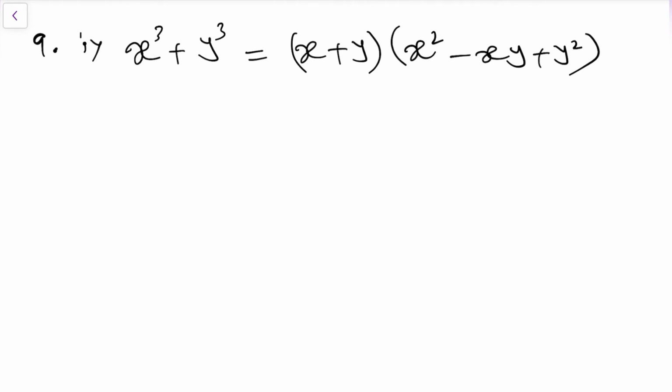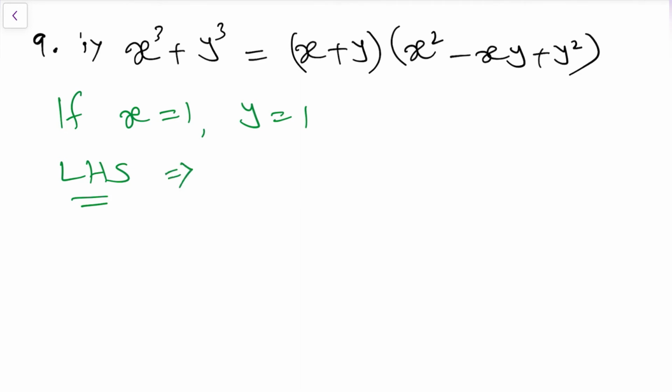Can you call these as identities? Okay, first he is asking us to verify by taking some non-zero positive integers. So for easy calculation, I am going to take 1 in the place of x and also in the place of y. If x is equal to 1, y equals 1, first I will take the LHS.